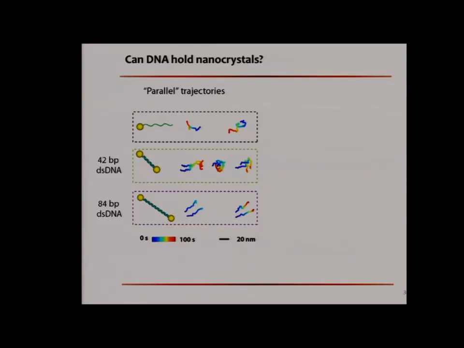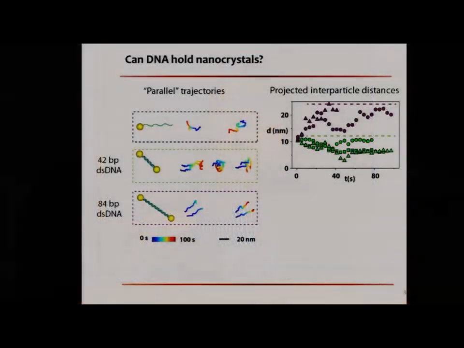The difference is obvious. For the dimers, you can always see 2 trajectories roughly parallel with each other, with a distance that is tunable by the DNA bridge length, and much smaller than the diffusion length of a free single nanoparticle.